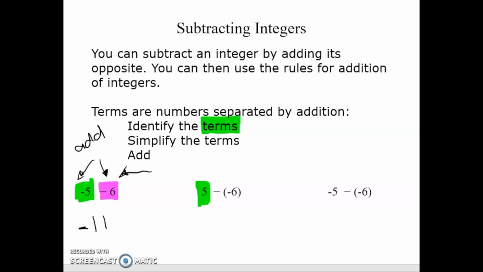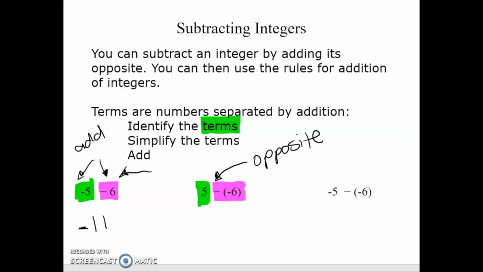So here we can see that, oh my goodness, we have a subtraction sign and a negative sign. So that means we're subtracting a negative, or another way that I like to think about it is a subtraction sign is just a symbol that tells us to do the opposite. So what we're really doing is the opposite of a -6.